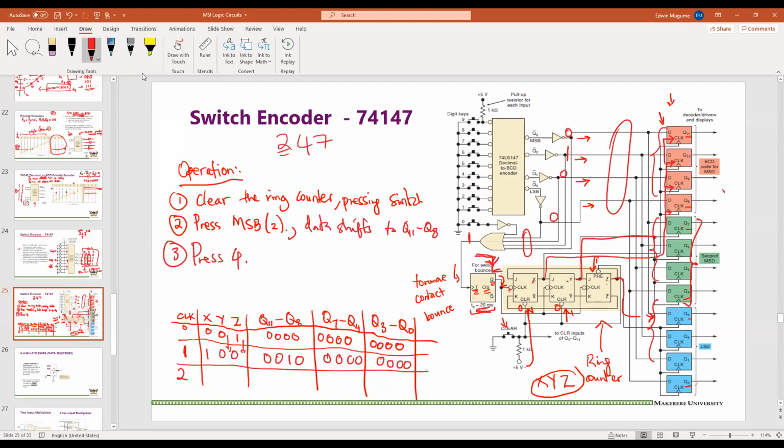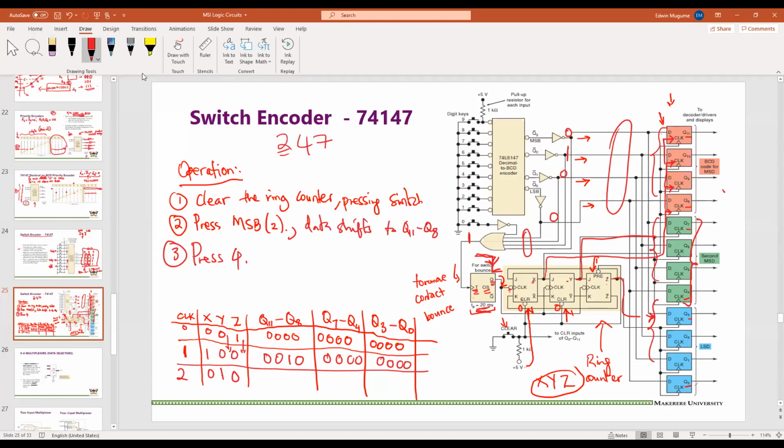That NGT will clock this ring counter. When it clocks the ring counter, it will count again, meaning that now that 0 shifts to X, X goes to 1, and this 0 comes to that one.